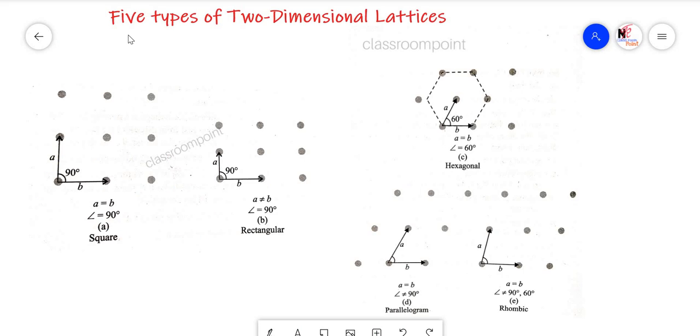Now let us see how many types of two-dimensional lattices are possible. Here 5 types of two-dimensional lattices are possible. First of all, a doubt arises among students: how to get these 5 types? It is so easy. These 2 are different from these 3.